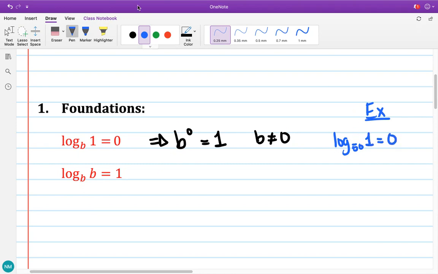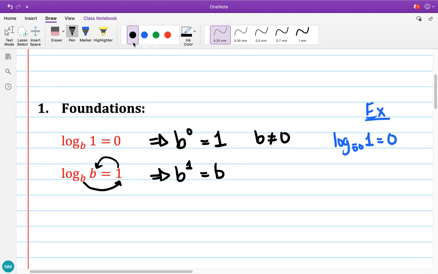Okay, so now we have this one, which is log base b of b is equal to 1. The reason that this is true is because if I change this to exponential form, b to the first power is equal to b. That's just me writing it in exponential form. True statement. So anything to the first power is itself.